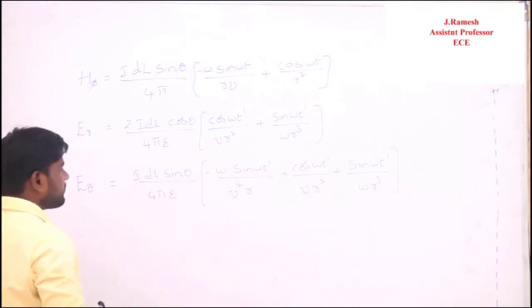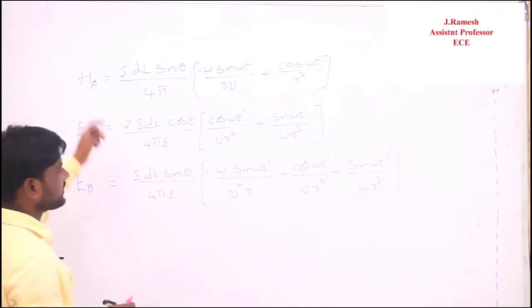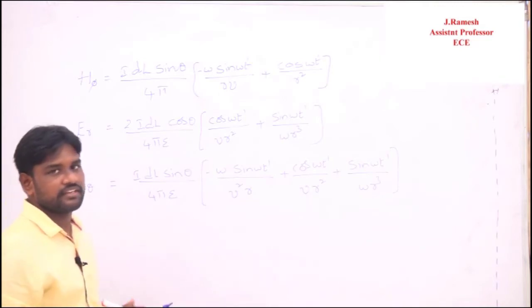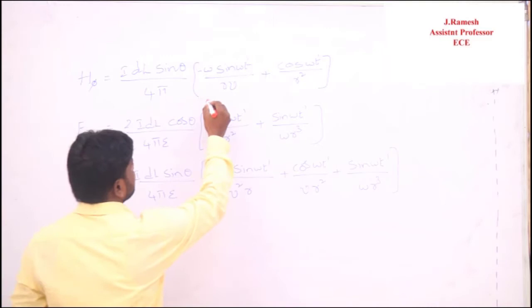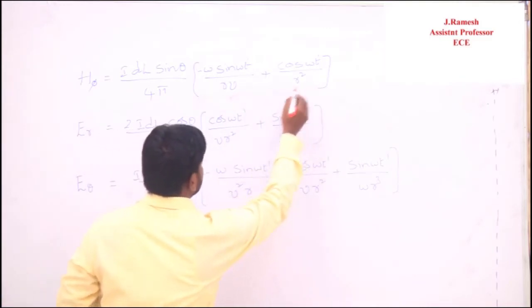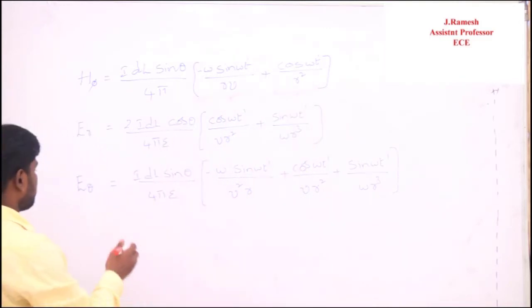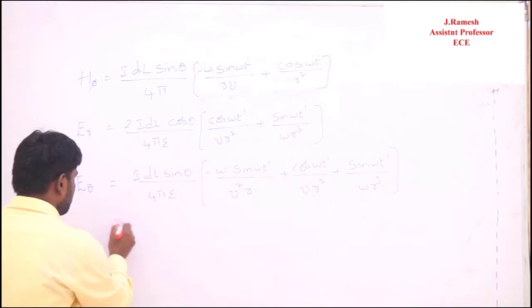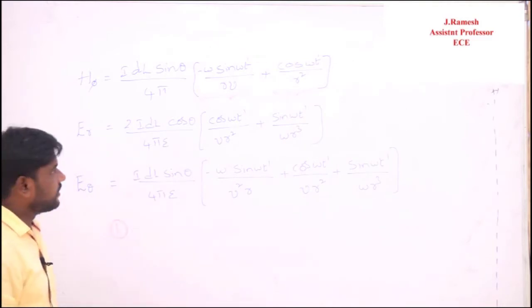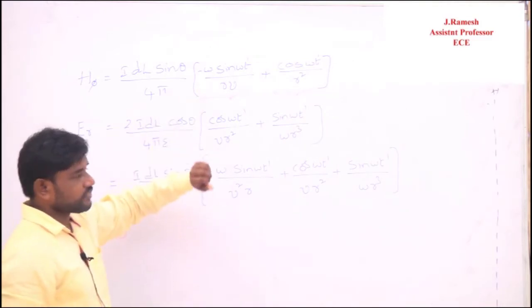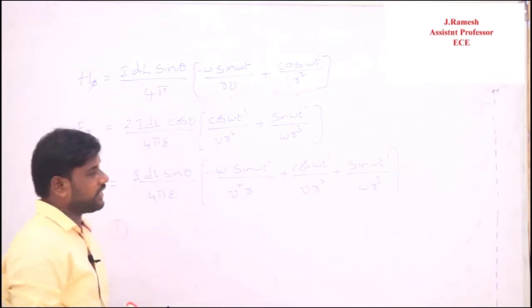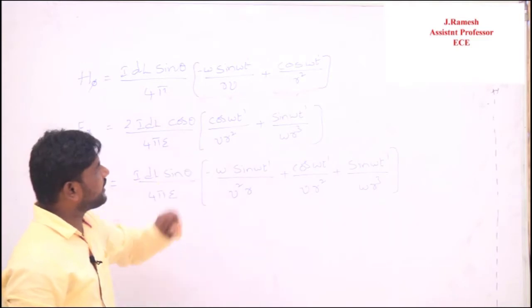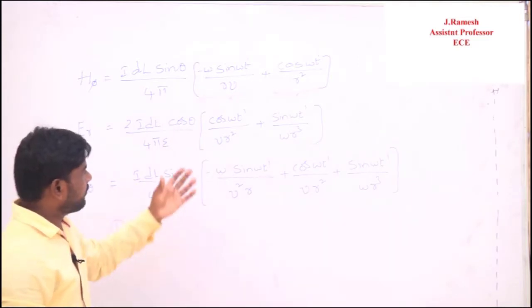If you observe the first one, that is H phi, a magnetic field component in the direction of phi, there are two terms available here. First I am going to talk about the significance of the first term. If you observe, here there is I dl sine theta by 4 pi multiplied with minus omega into sine omega t dash by RV.